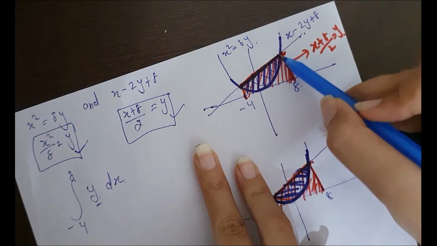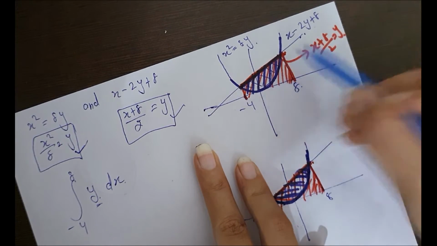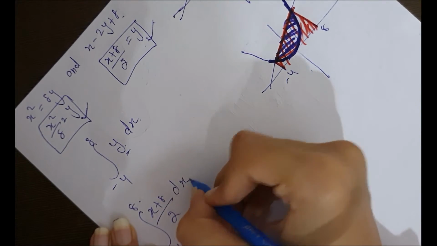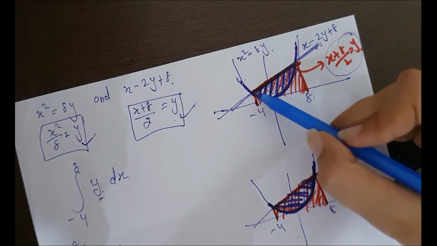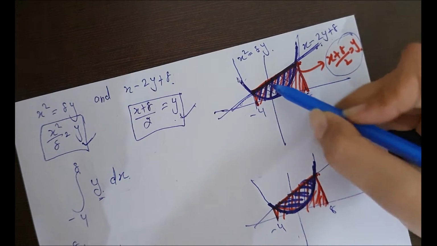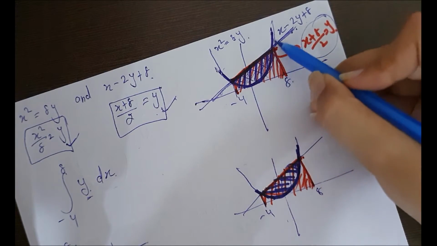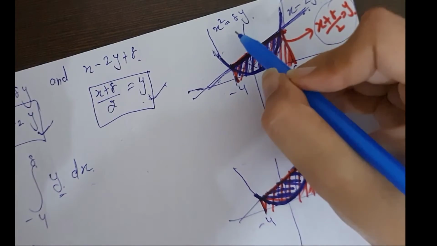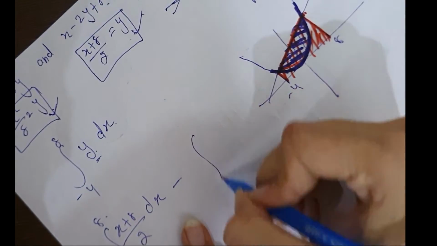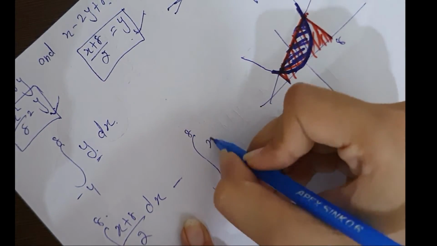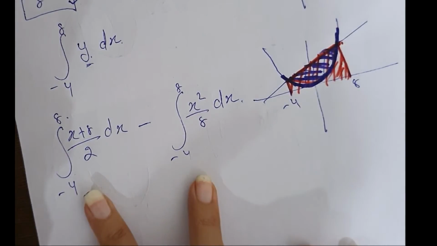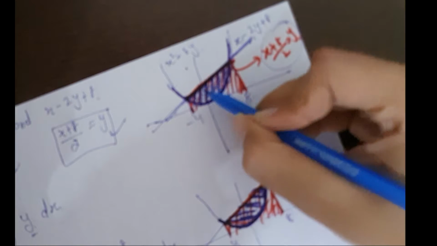The value of y from the equation of the line is x plus 8 by 2 dx minus, and the value of y from the equation of the parabola is x square by 8. So we integrate from -4 to 8, x square upon 8 dx, and after solving it we will get this desired part.